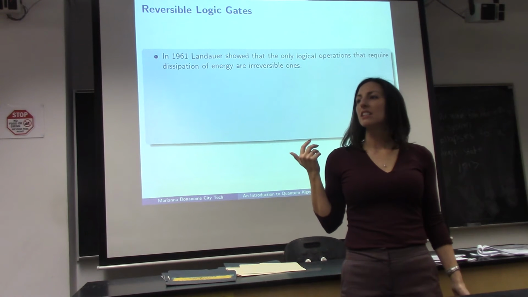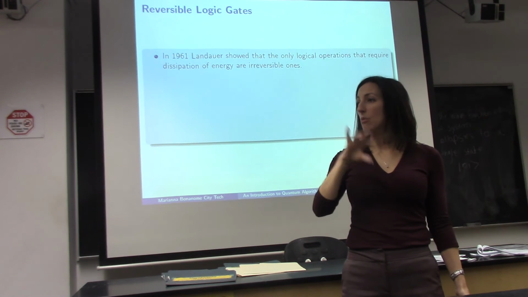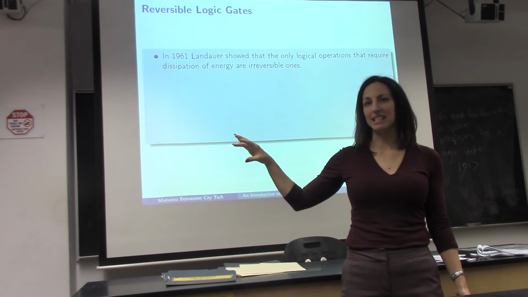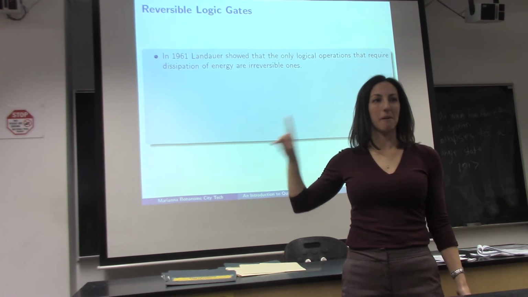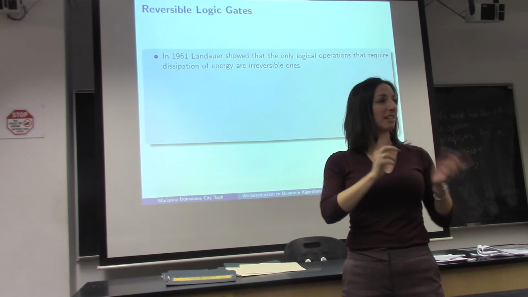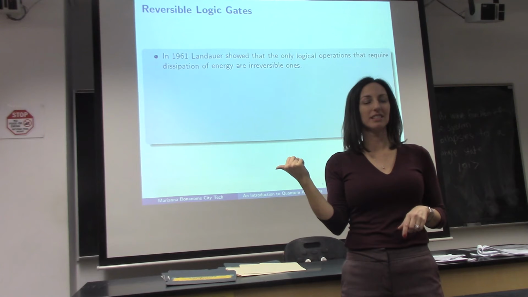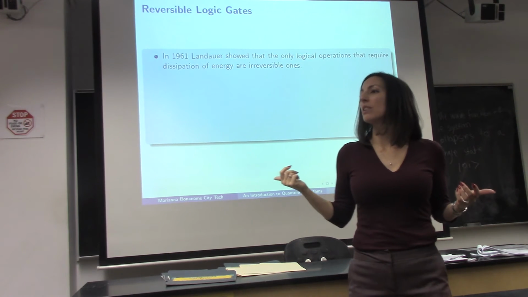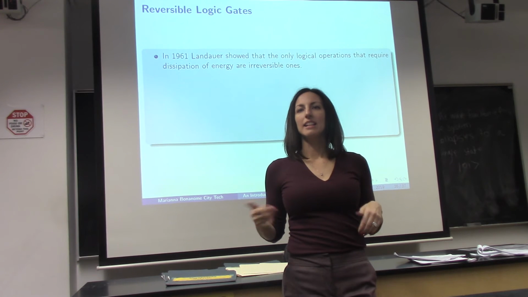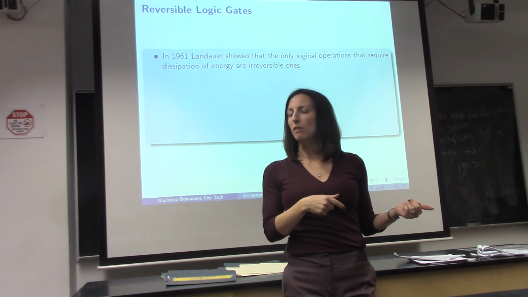If we have 2 inputs, they're both 1, what do you get as the output for an AND gate? 1. Every other circumstance, 0. If I just look at the output of an AND gate, can I know definitively from where it came?